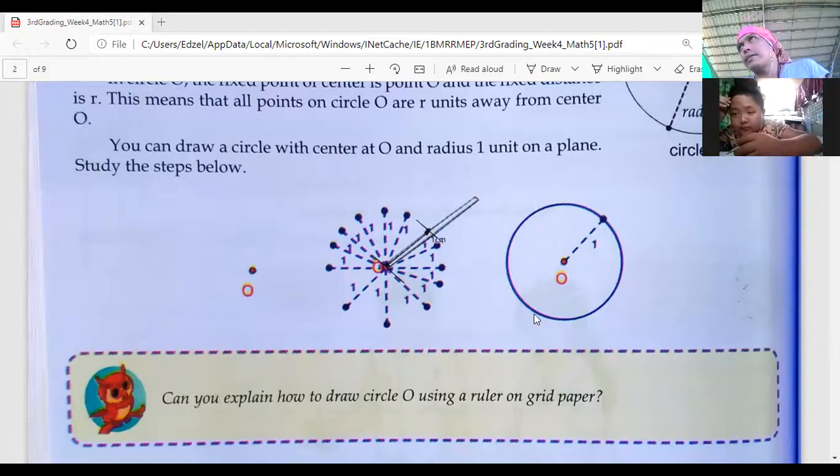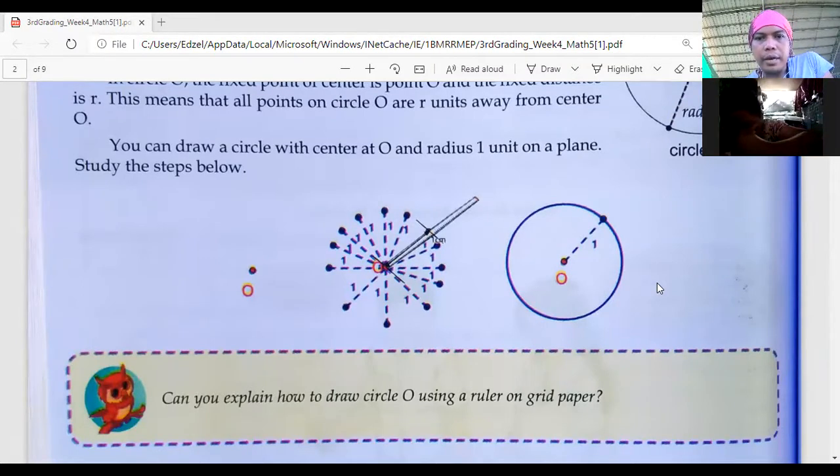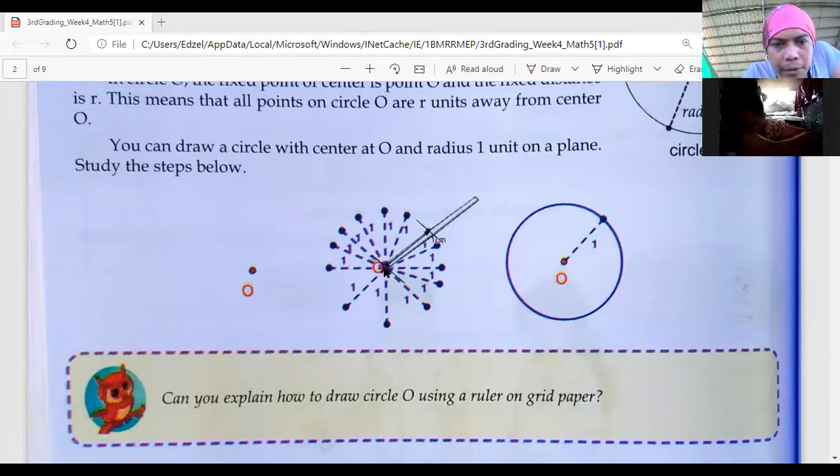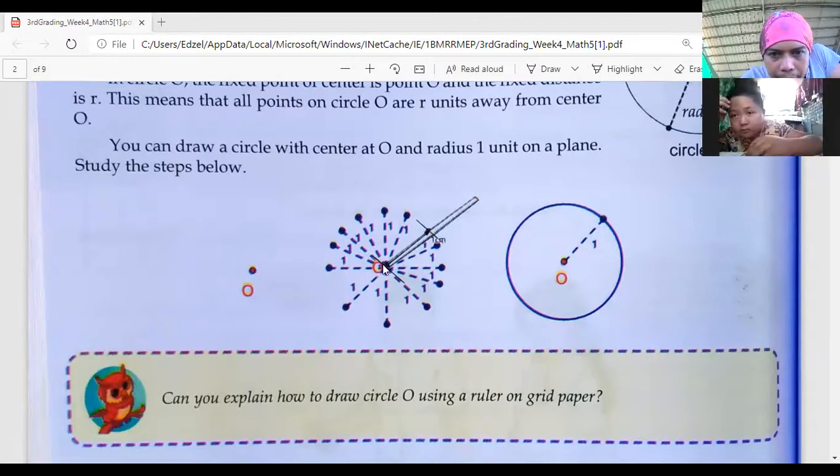I wonder who has a round table in their house? A round table. That's a perfect example of a circle. And then in this example right here, from the center going to any point of the circle, for example, the measurement is 1 unit, they are really equal.